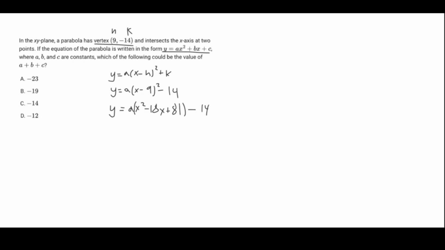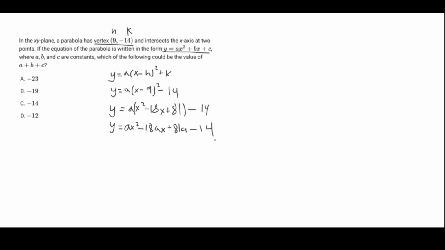So then we need to distribute the a again to each of these terms. So then we get y equals ax squared minus 18ax. And yeah, guys, make sure you try the problems on your own, all right? But yeah, plus 81a, and then we add negative 14 at the end.